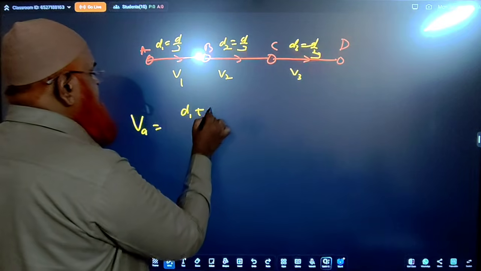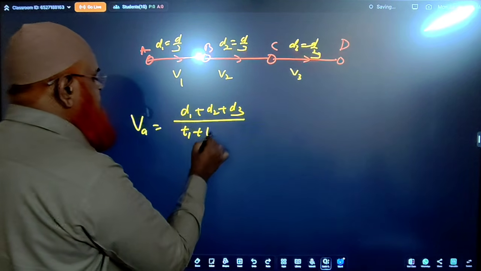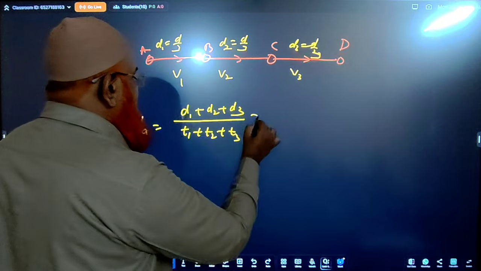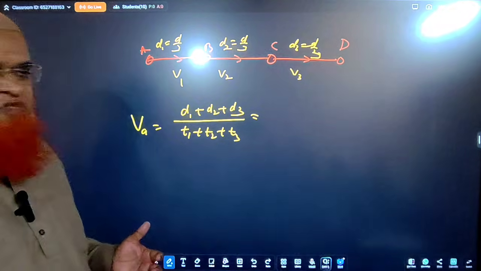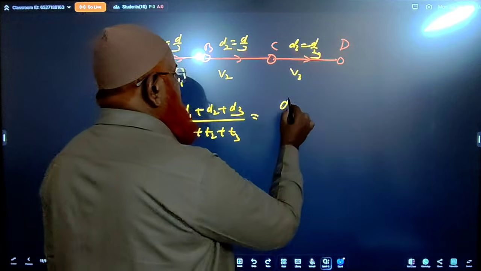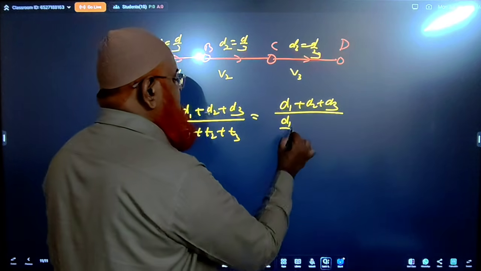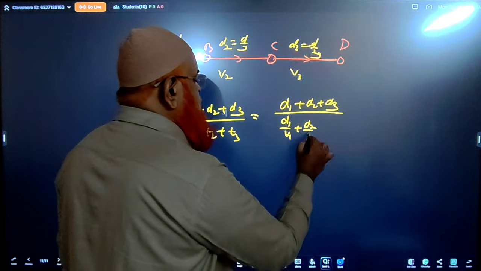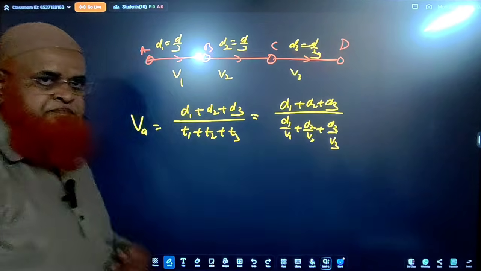That is d1 plus d2 plus d3 by t1 plus t2 plus t3. As there is no discussion of time, we will replace times in terms of distance and velocities. So d1 plus d2 plus d3 divided by d1 by v1 plus d2 by v2 plus d3 by v3.